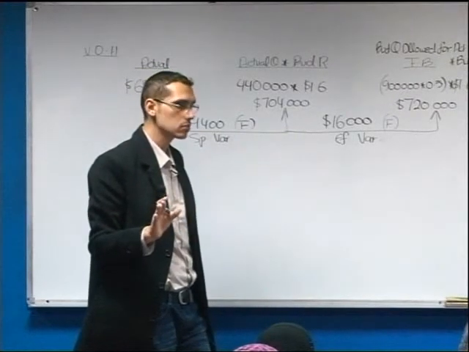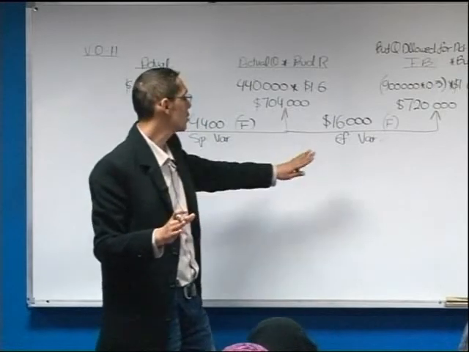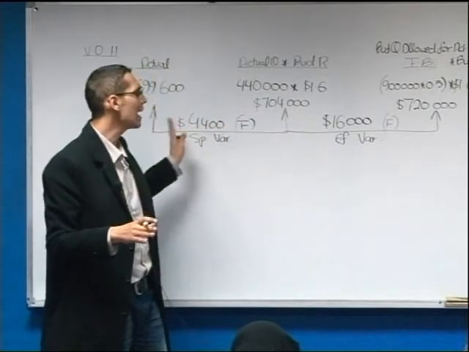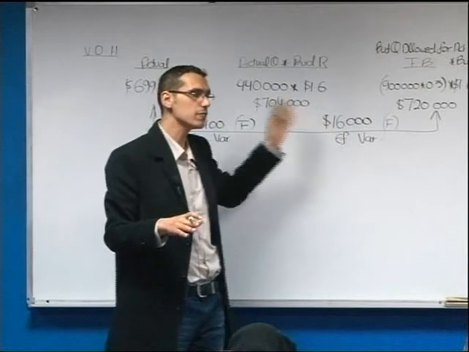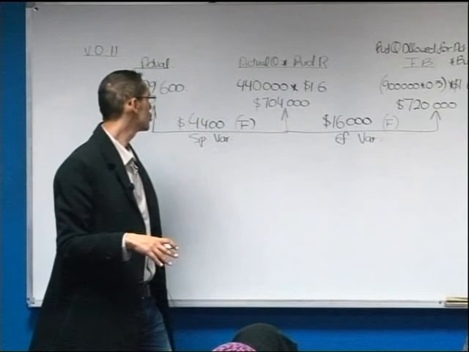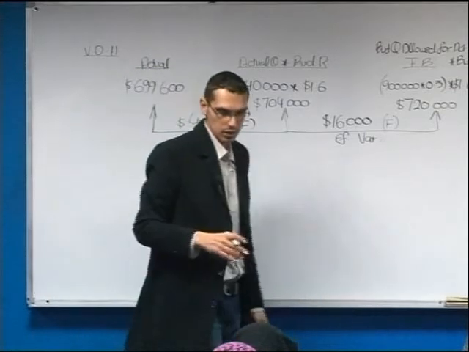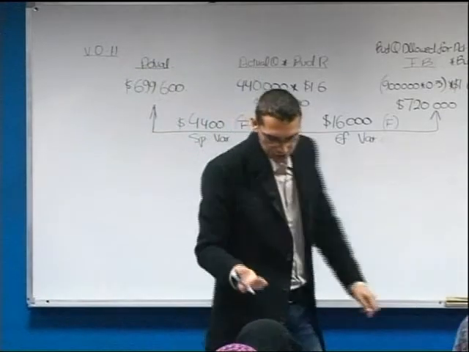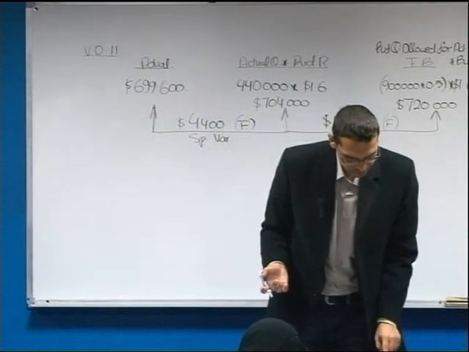Any questions? As we can see here, both are favorable. Therefore, we would have a favorable flexible budget variance, which would be 20,400.